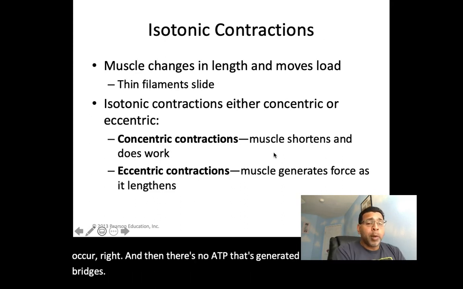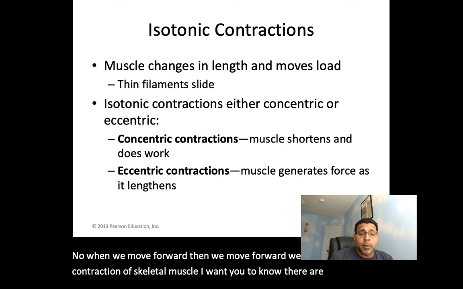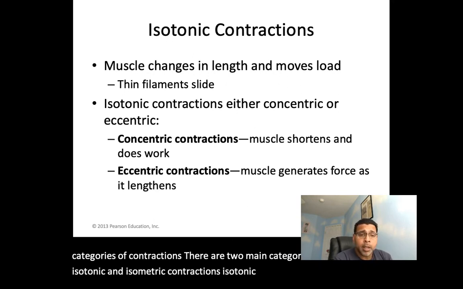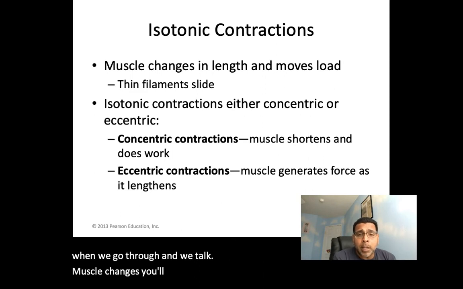Now, when we move forward, we'll talk about the contraction of skeletal muscle. I want you to know there are two main categories of contractions: isotonic and isometric contractions. When we talk about muscle changes, you'll see muscle is going to change in length.